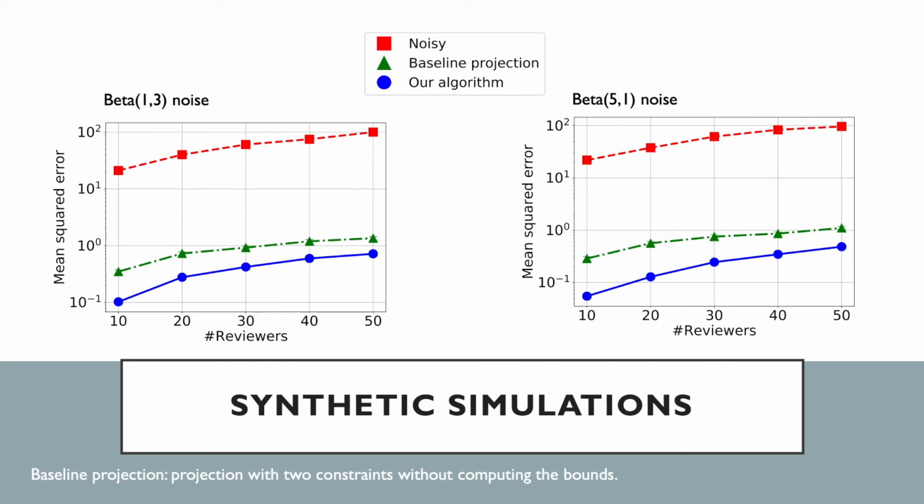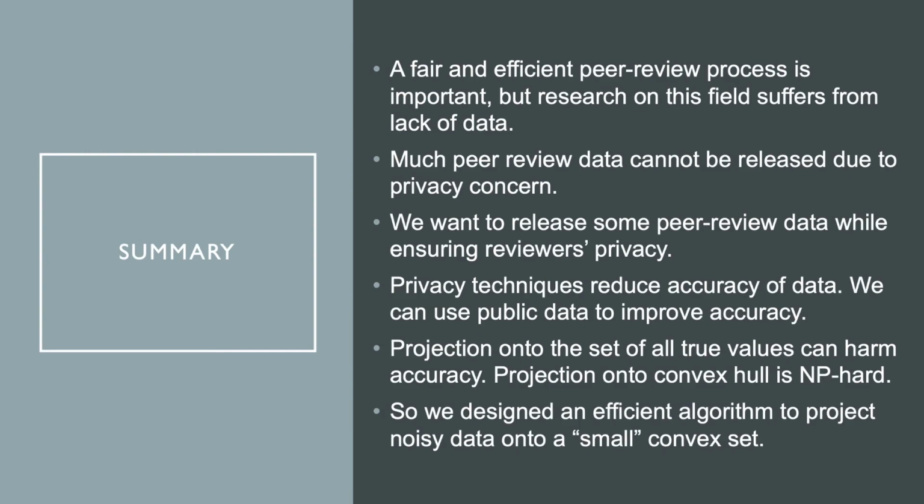In summary, we noticed that a fair and efficient peer review process is very important, but research in this field suffers from lack of data. We noticed that much peer review data cannot be released due to privacy concerns, so we want to release some peer review data while ensuring reviewers' privacy.